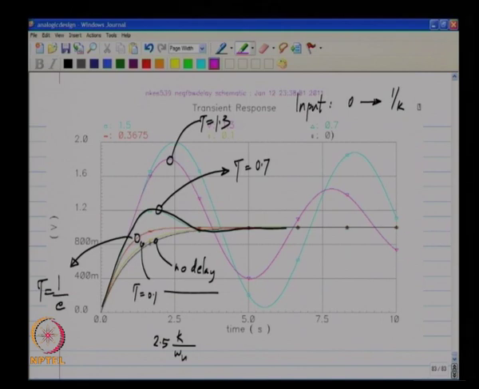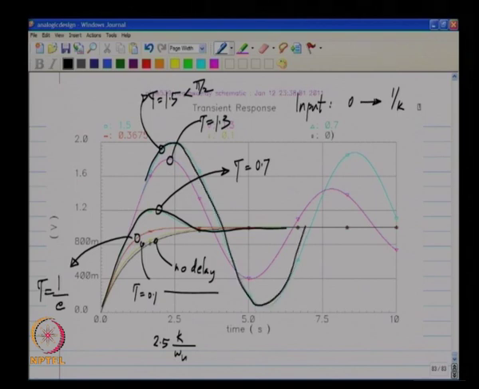Okay. And finally, we have the pale blue one which corresponds to tau equals 1.5. Okay. This is just smaller than pi by 2. For pi by 2 we know that it becomes unstable. This is stable because you see that the amplitude of the ringing is decreasing. Here it is 2, about 2, and here it is smaller, and it will become smaller, but it will really take a long time to settle.